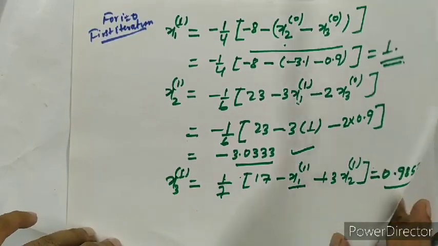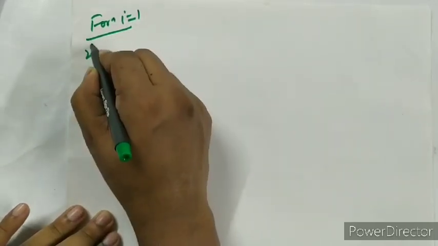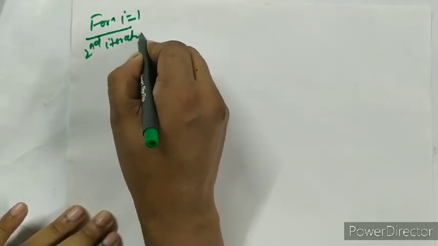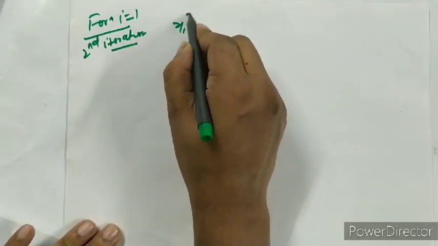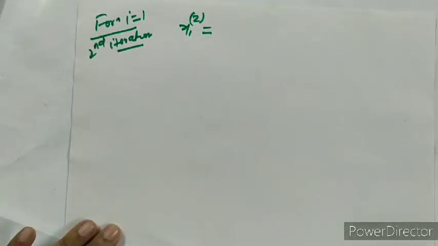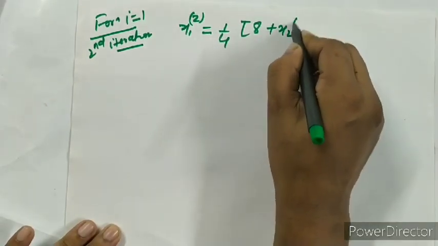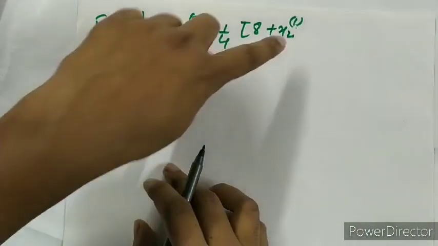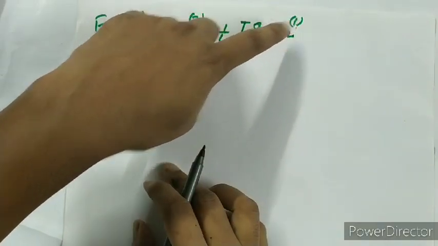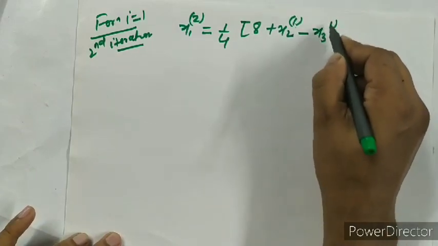Similarly, we can use the iterative formula for the second iteration, putting i equal to 1. In this, x1 at the second iteration is 1 by 4 into 8 plus x2, which is the previous value of x2, that is, the value that came in the first iteration, minus x3 1.